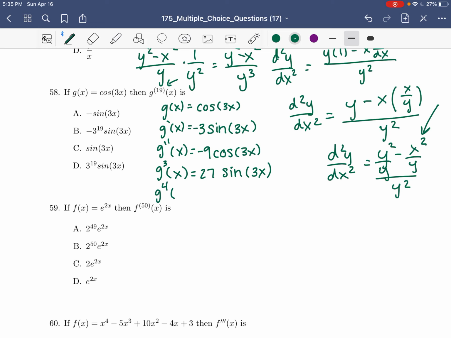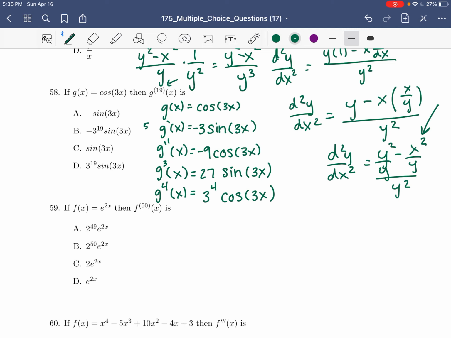Then our fourth derivative is going to be 3 to the 4th power cosine of 3x. So basically, you see how it's back to normal cosine? It's just going to keep repeating itself. So here's the fourth derivative.